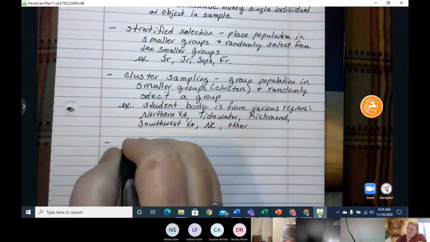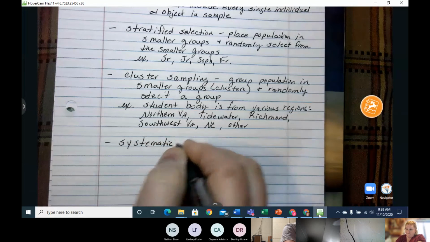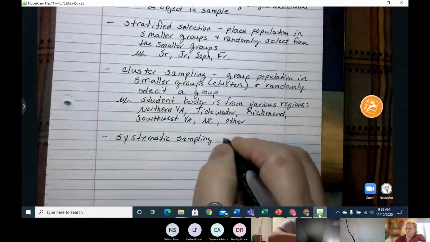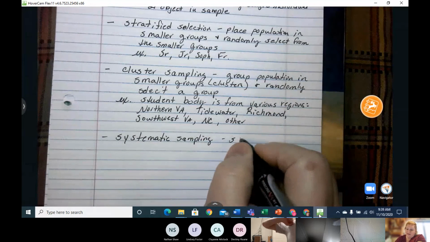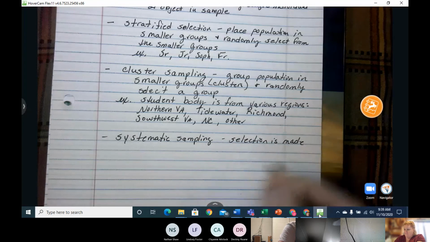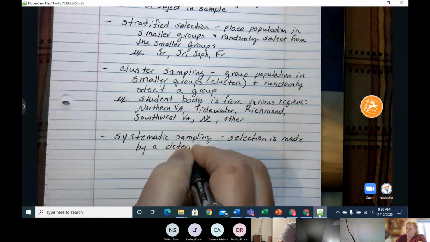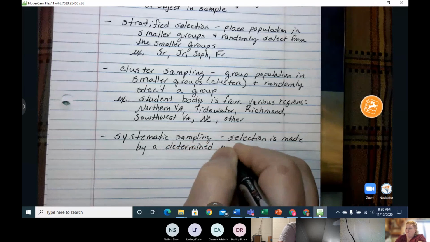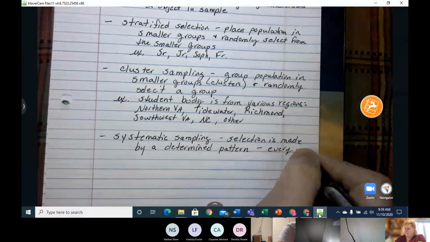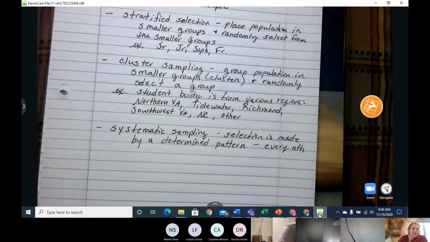Another method of selection is called systematic, where selection follows a pattern. Every nth person or item is selected.